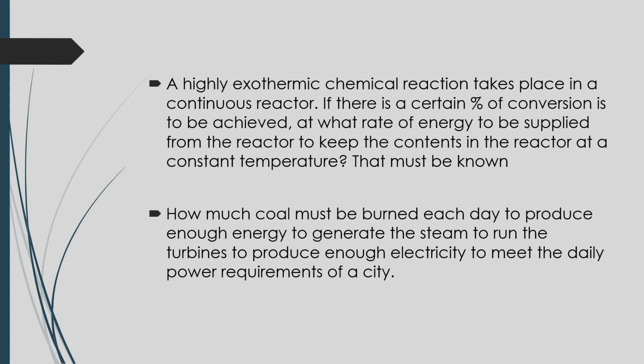Now, to remove that energy you have to use some process unit like a heat exchanger, or some other cooling device by which you can remove that heat energy which is produced by the reaction.